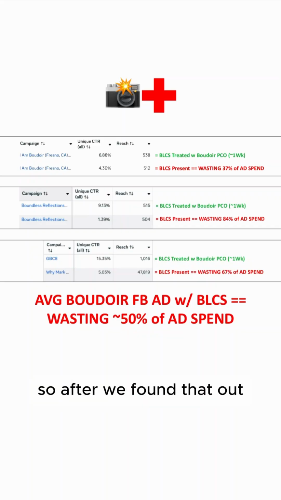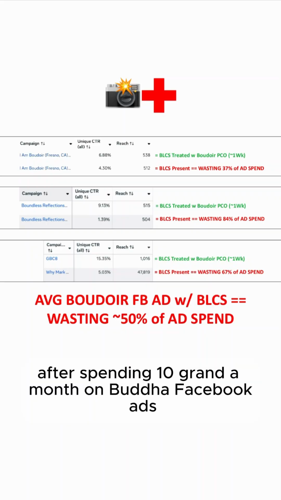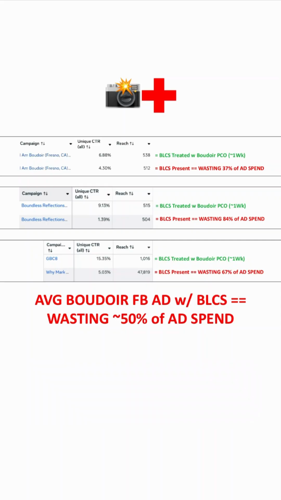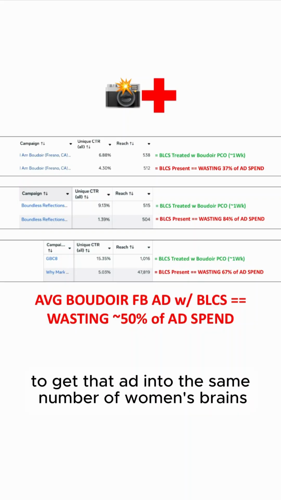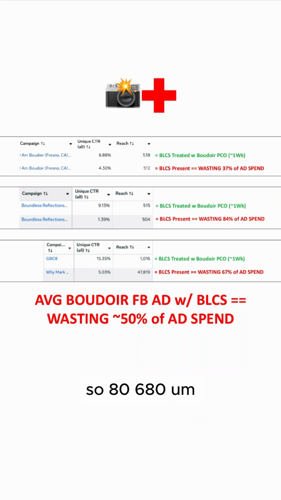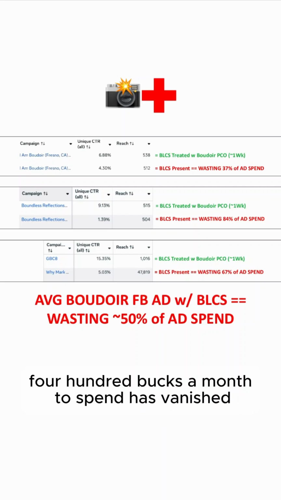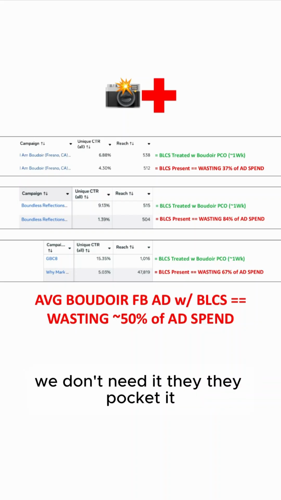So after we found that out, if they're spending 10 grand a month on boudoir Facebook ads, they now only need to spend 1.6 grand a month on the boudoir pico treated ad to get that ad into the same number of women's brains. So 8,400 bucks a month to spend has vanished. We don't need it. They pocket it. They keep it.